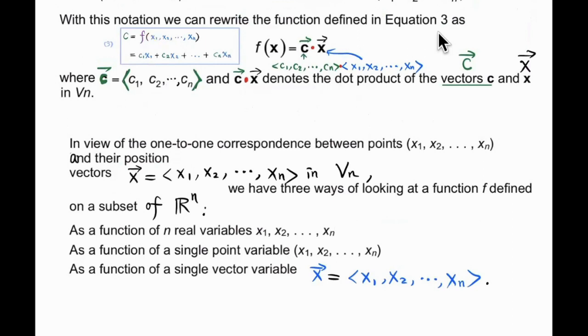We can think about that as a function of n real variables, x1 all the way to xn, or as a function of a single point variable, where we think about that point as having coordinates x1 all the way to xn. Or you can think about that as a function of a single vector variable, x, that has n components.